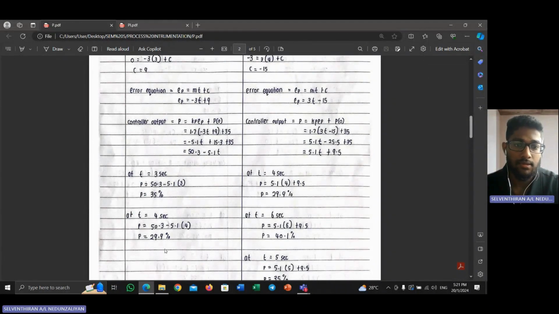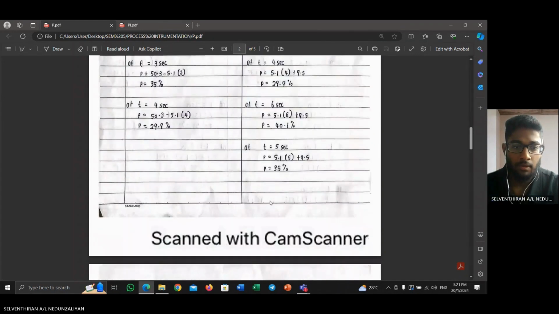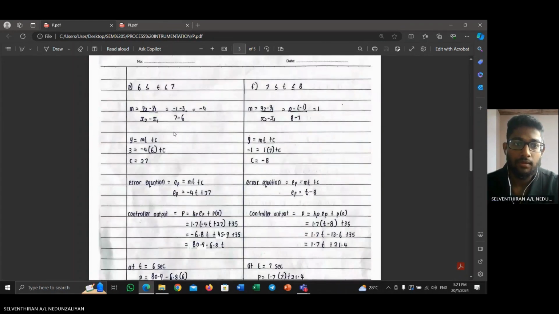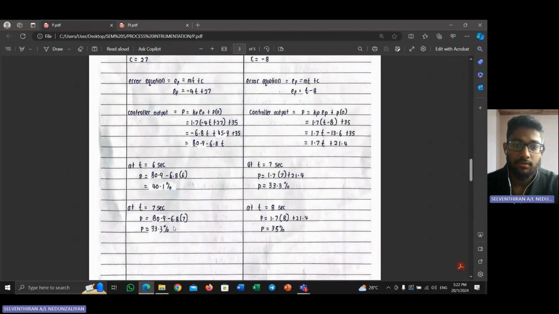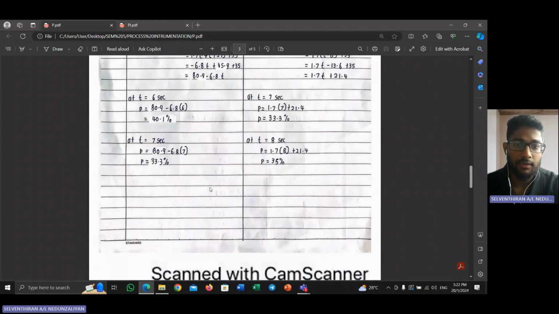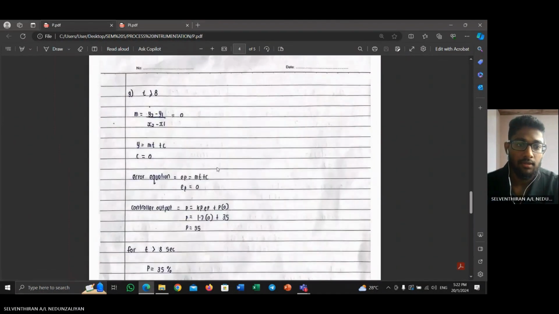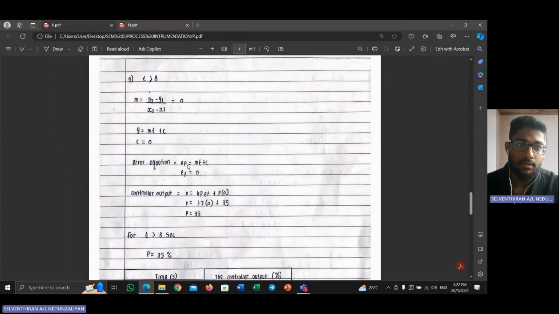For the 4 second, we can see here 59.9% and then 29.9%. Then here we go for 6 to 7 seconds and then 7 to 8 seconds. We can see the values are the same. There are no changes. So after 8 seconds, the percentage is maintained at a constant level.